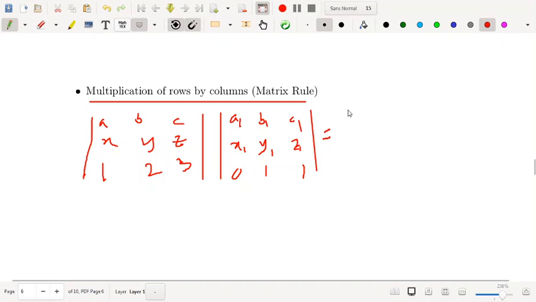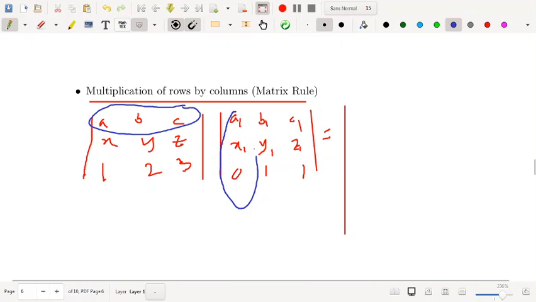Now you are doing the multiplication. How? Just like the matrix rule. In the matrix rule, you consider the first row and the first column and the corresponding multiplication. So in this case you have a·a1 plus b·x1 plus c·0. This is your first element.